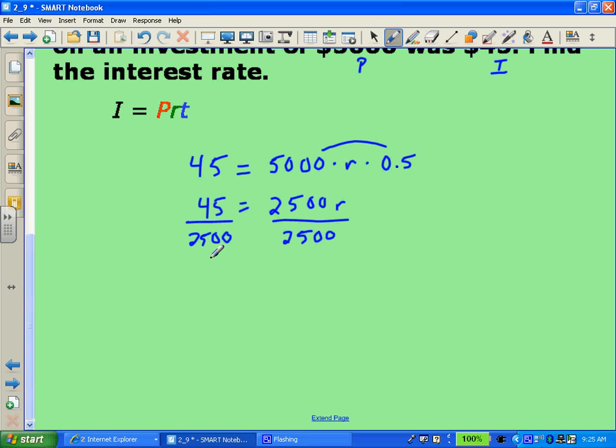So 45 divided by 2,500 is 0.018. Now, rate comes as a percent, so just like in 2-8, I have to change this into a percentage. So my interest rate on that investment was 1.8%.